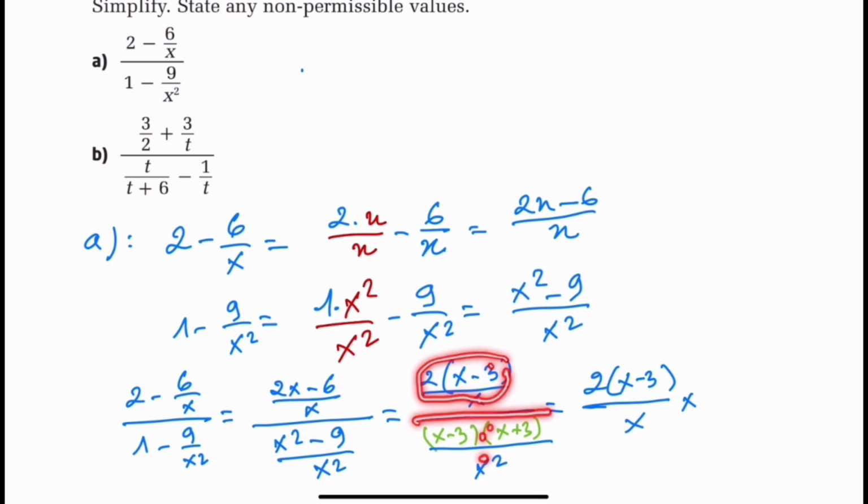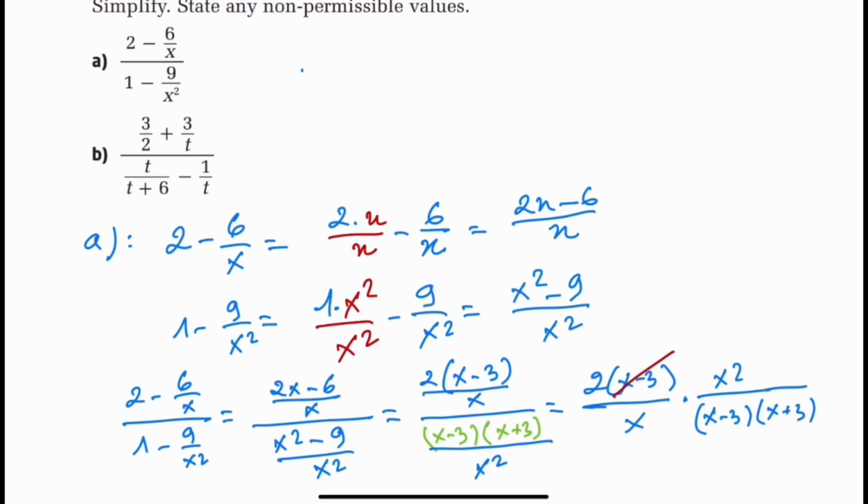This will go to the top and this will go to the bottom. So it is times, let's write this as a dot, times x squared divided by x minus 3 times x plus 3. And now I can see that I can simplify by x minus 3 and I can simplify one x.